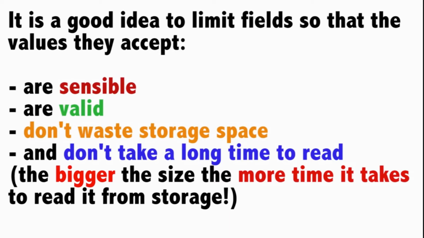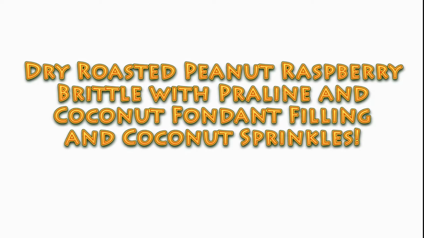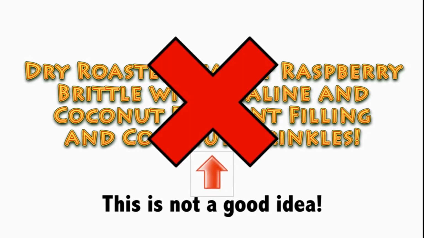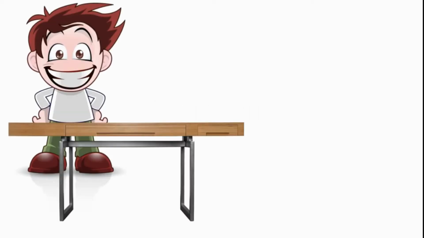It also puts some limits on how long the contents of your fields can be, which is normally a good idea. Would you really want a sweet that had a name that was 100 letters long? Having fields that have a range is also a good idea. Bob sells his sweets in bags of different sizes depending on the type.